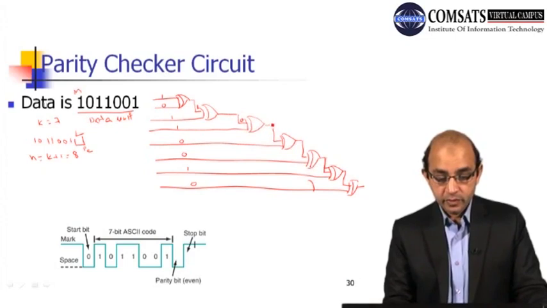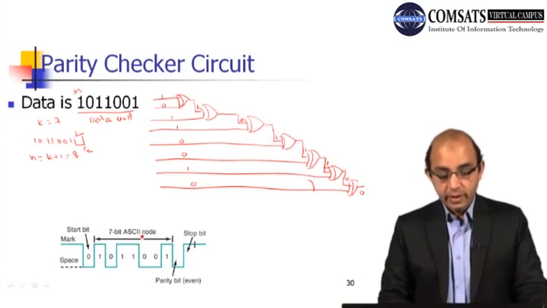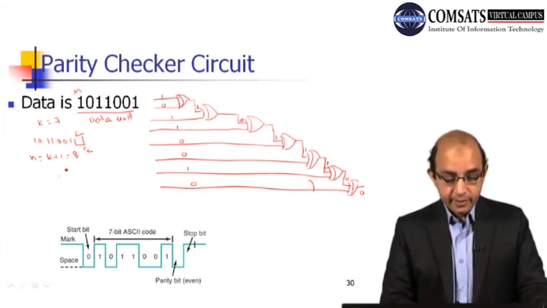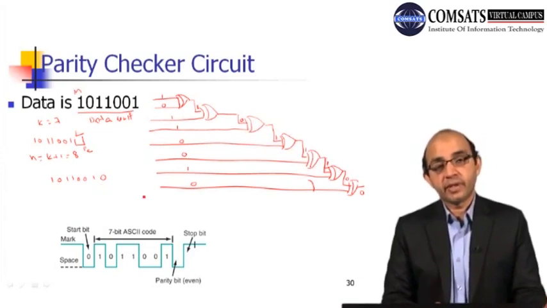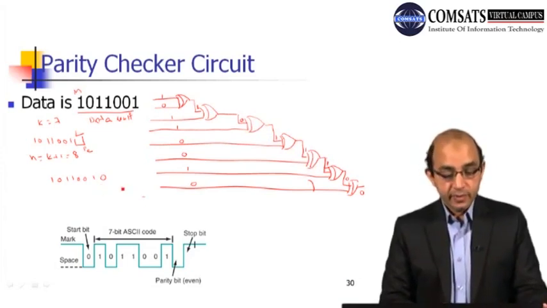So 0 1 1, 1 0 again 1 here, 1 0 1 here, 1 1 0 here, and 0 0 0 here. So 1 0 1 1 0 0 1, and this is the parity, so I have to count the number of ones, 1 2 3 4, including the parity. So this is important, that we have to add the parity bit when we are counting the ones.